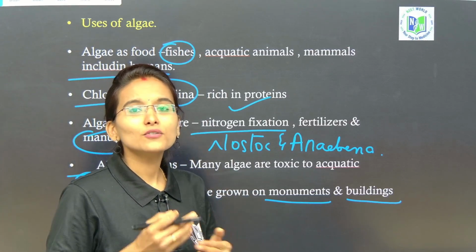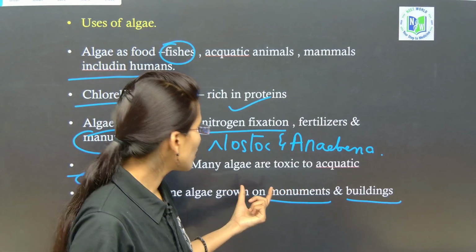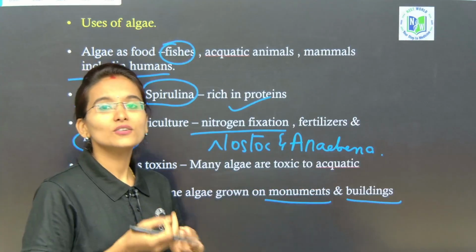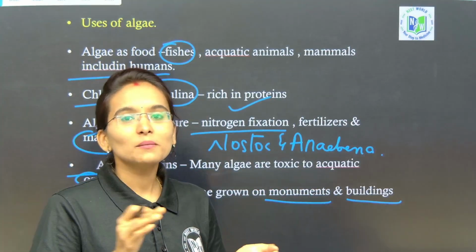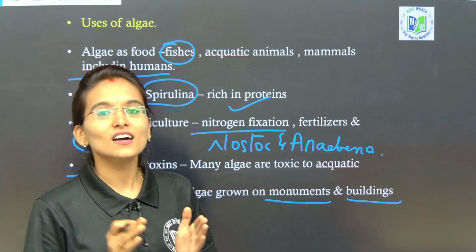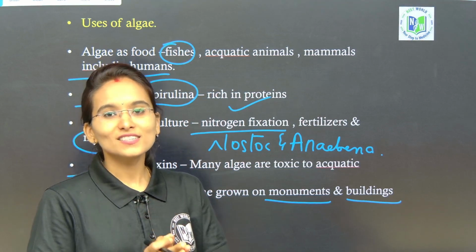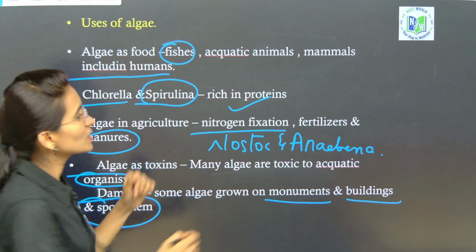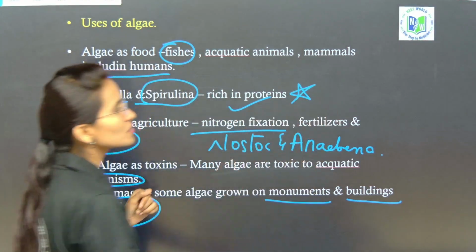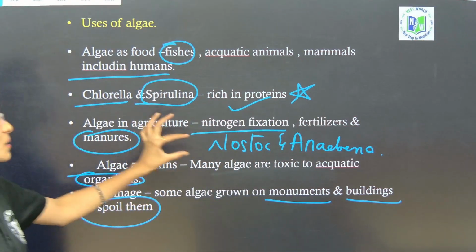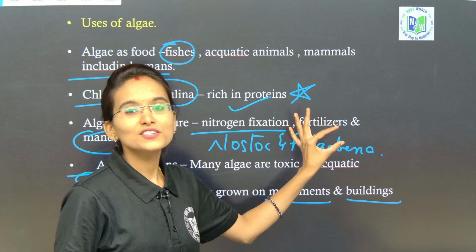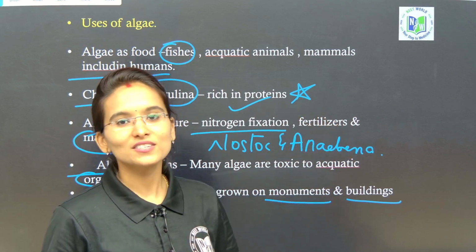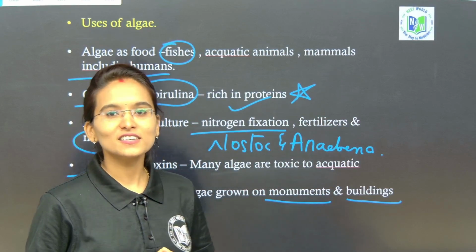They grow on historical monuments and buildings and damage them completely by their growth. So these are the most important uses of the algae. Just remember Chlorella and Spirulina, which are rich in proteins and consumed by mammals, and remember Nostoc and Anabaena, which fix atmospheric nitrogen and are used for agriculture purposes.